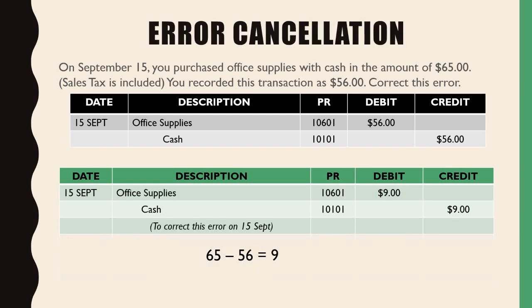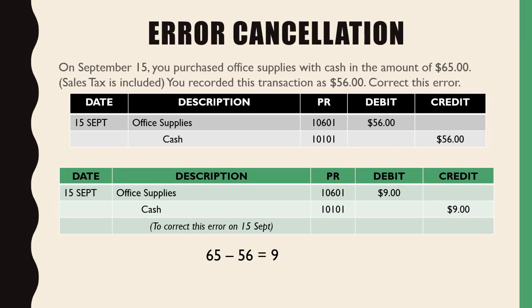Now let's talk about the error cancellation. In this case, this is where you have to really think very carefully. My top one is my original. I have $56 worth of office supplies and I spent $56. Now, in reality, that's not true because you have a receipt that says you actually spent 65.